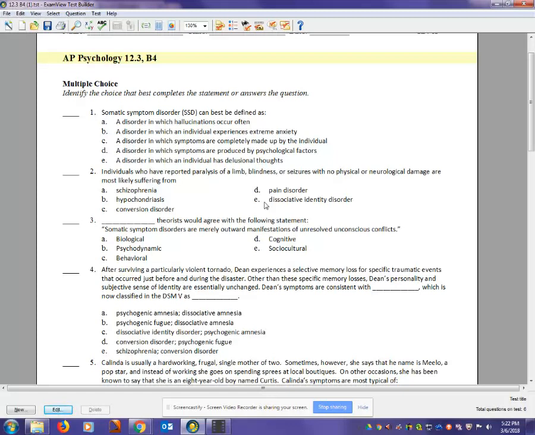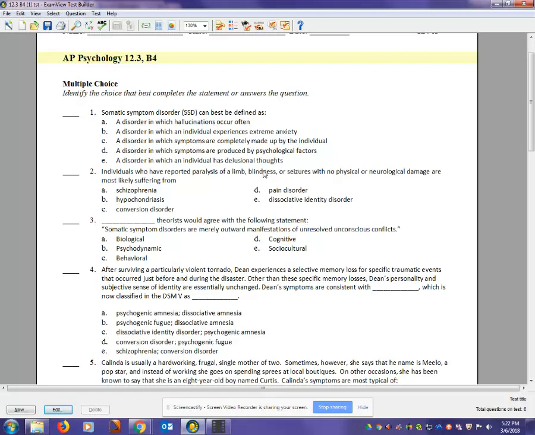Somatic symptom disorder is essentially symptoms produced by psychological factors that make you think that you are feeling pain. So there's no physical basis for any symptoms that are found, and you would probably end up running several tests. You'd go to the doctor, something scary would happen, let's say you've all of a sudden gone blind.